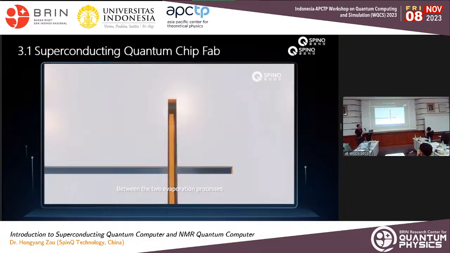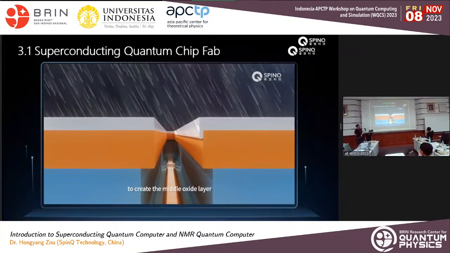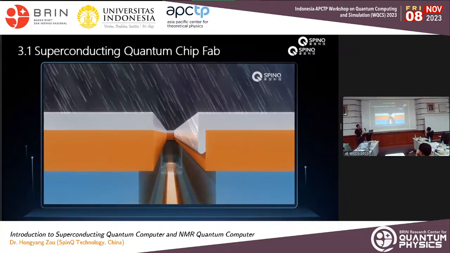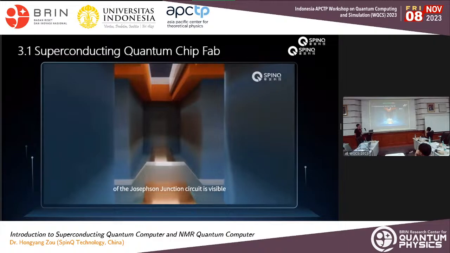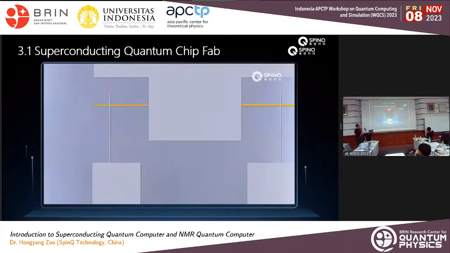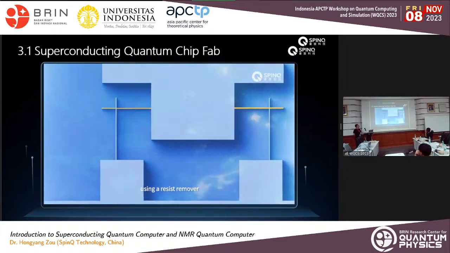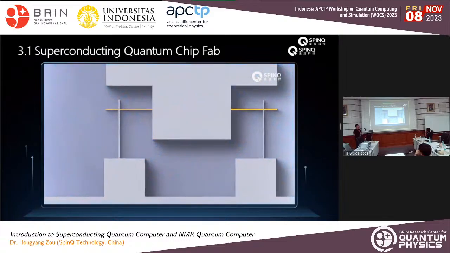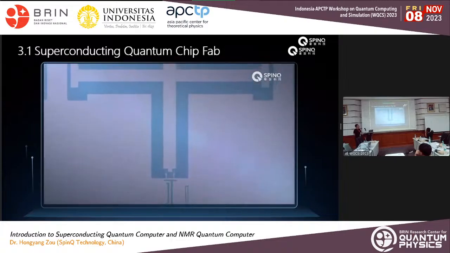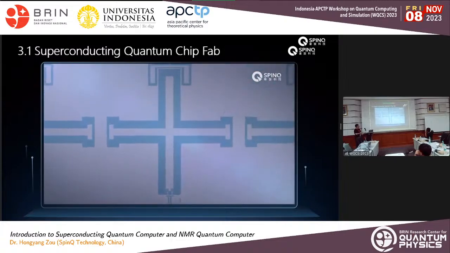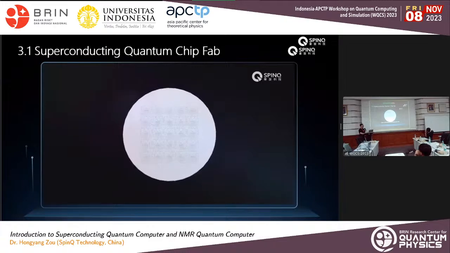Between the 2 evaporation processes, an oxidation step is introduced to create the aluminum oxide layer. From the side view, the 3-layer structure of the Josephson junction circuit is visible. Excess material is then cleaned away using a resist remover. Finally, we get a wafer containing superconducting quantum chips.